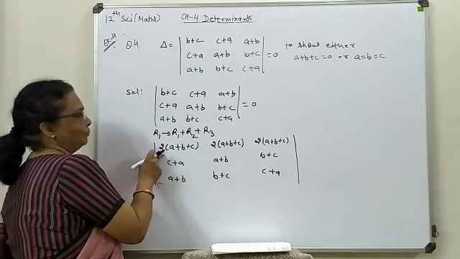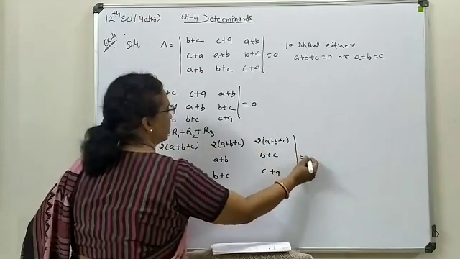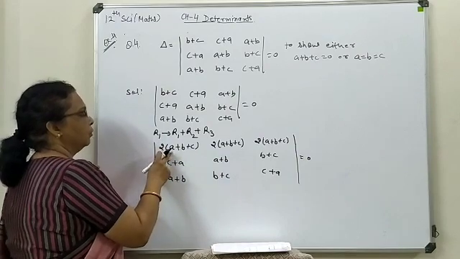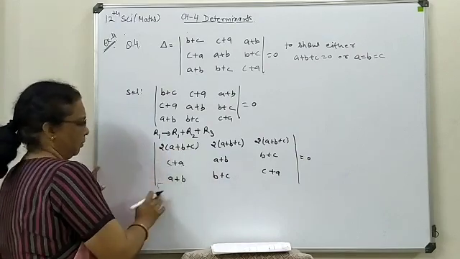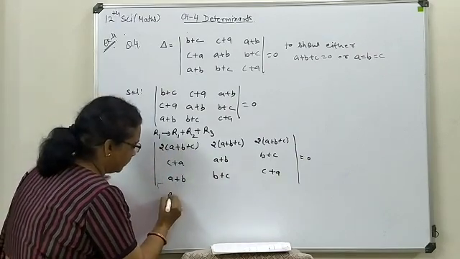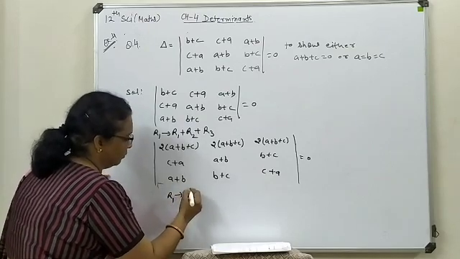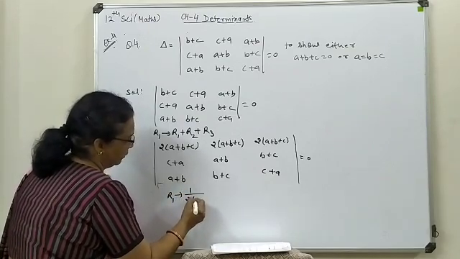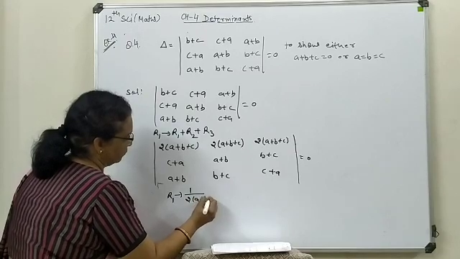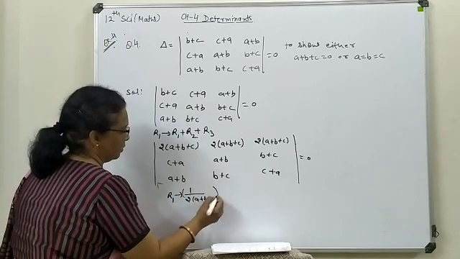Now in the first row, 2 times a plus b plus c is common. So here we will write in the first row 1 upon 2, we are going to take it common.